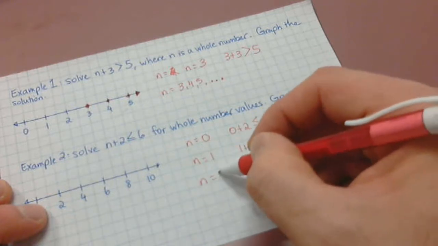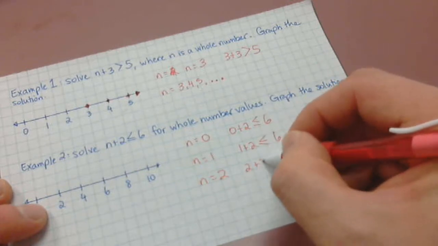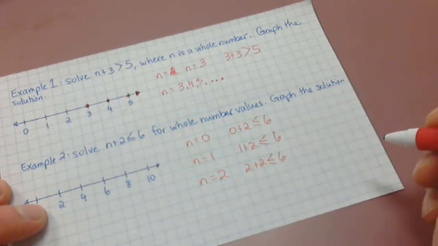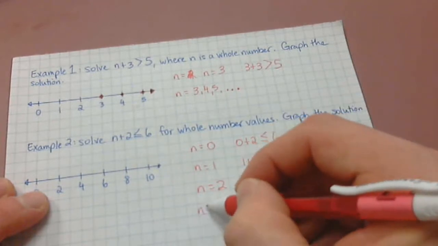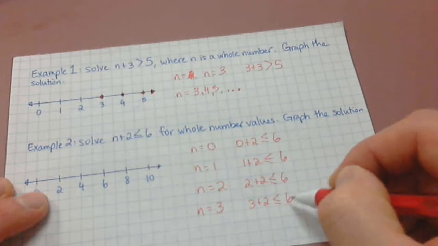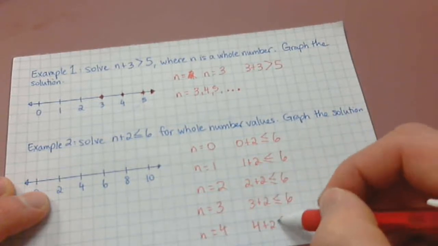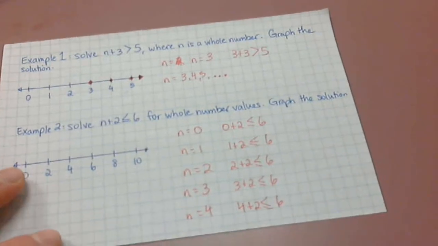I'd have n equals 2, so 2 plus 2 is less than or equal to 6. That's also true. I'd have n equaling 3, so 3 plus 2 is less than or equal to 6, and n equals 4, so 4 plus 2 is less than or equal to 6.